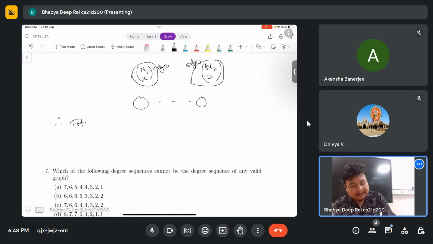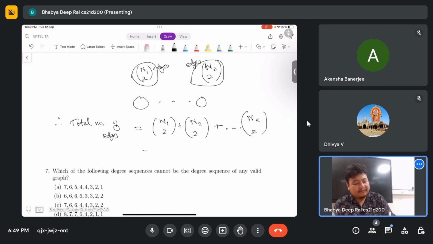Therefore, total number of edges equals n1 choose 2 plus n2 choose 2 plus so on till nk choose 2. This is nothing but the summation of ni choose 2, i equals 1 to k.